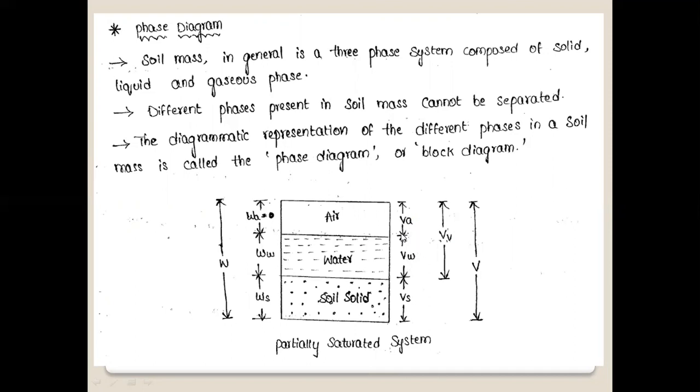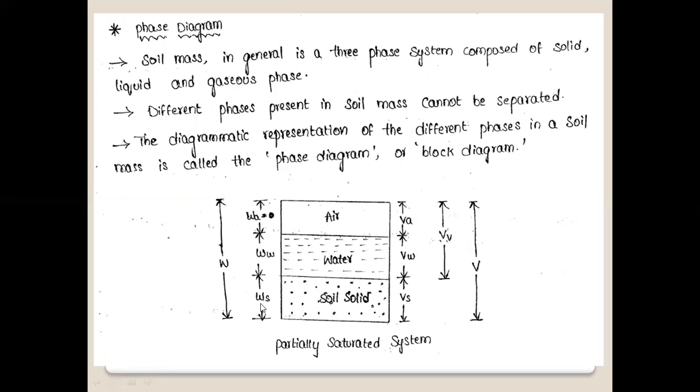If we add these three portions, it is equal to the total volume: Vs plus Vw plus Va equals V, the total volume. And the volume of water and volume of air added together equal Vv, the volume of voids.